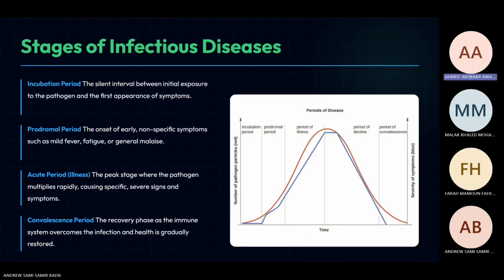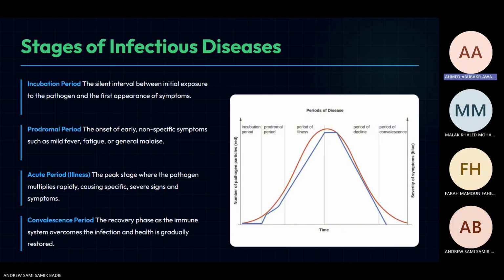The next is the prodromal period, as we discussed before. It's when you have mild symptoms like mild fever, tiredness, and you're feeling a bit down. Nothing specific is going to happen, but you're still trying to fight off the infection. The third stage is the acute period.